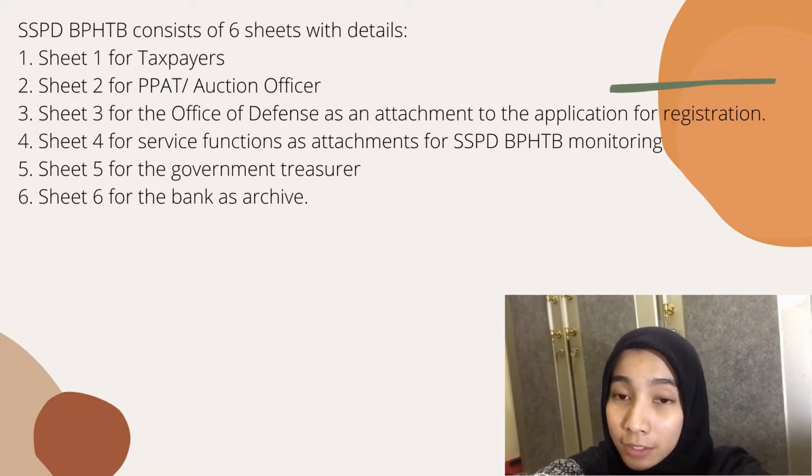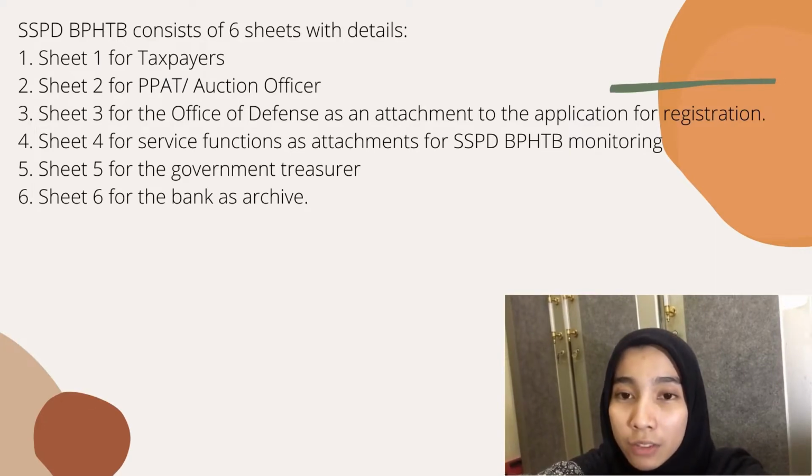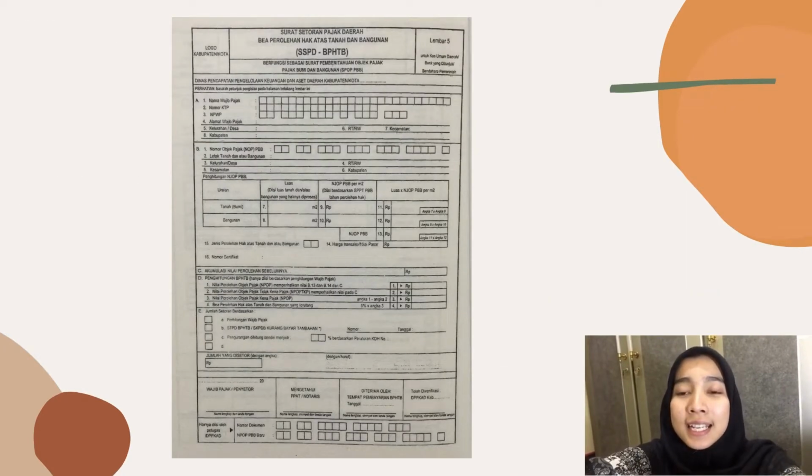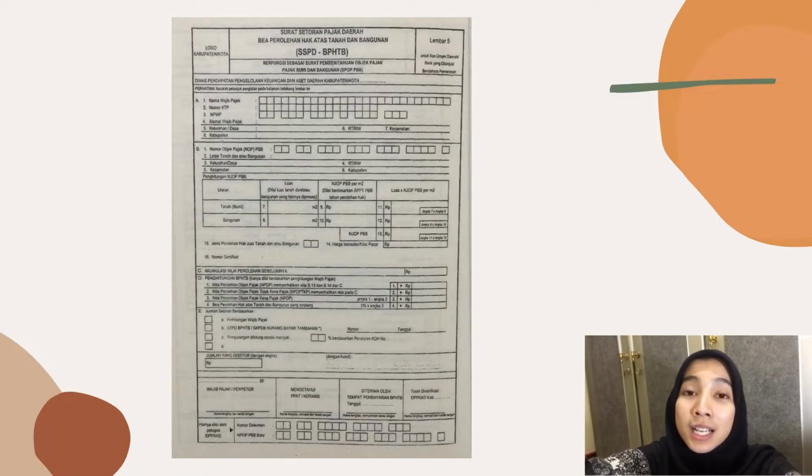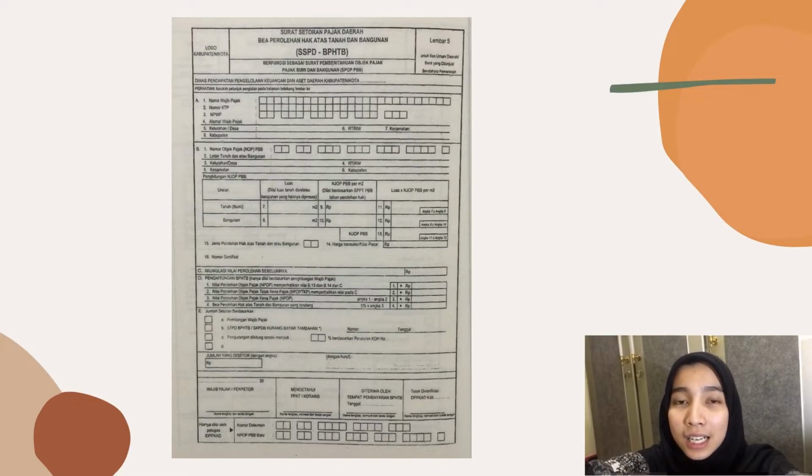Sheet 5 for the government treasurer. Sheet 6 for the bank as archive. Okay, this is an example of the land and building title transfer duty payment bill.